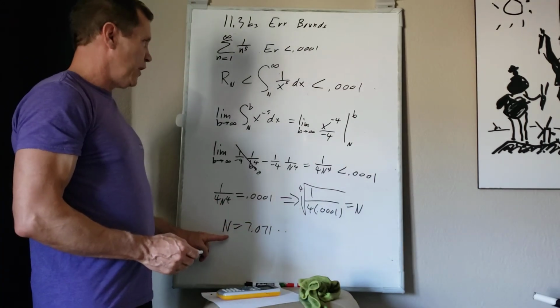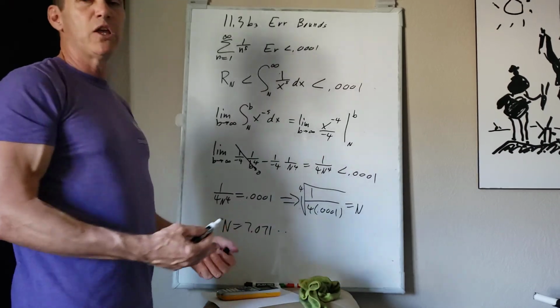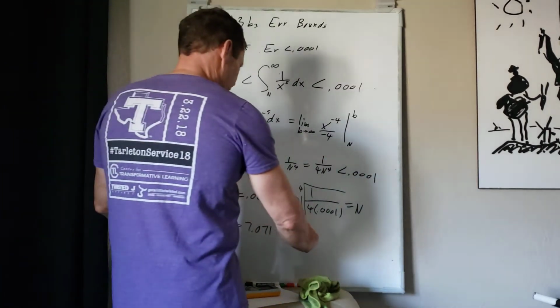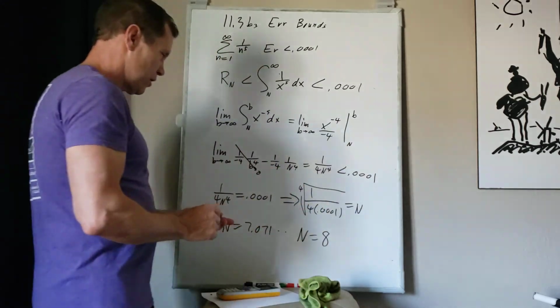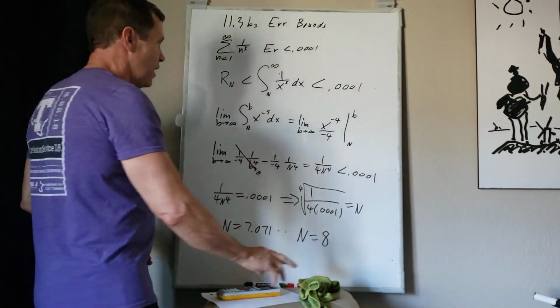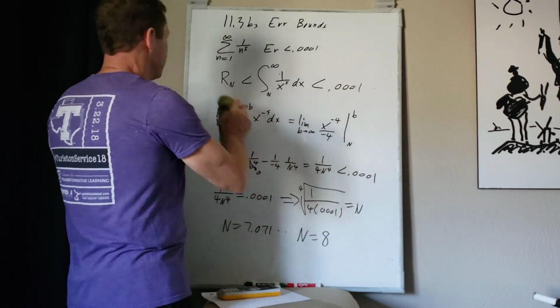Okay, now N's got to be an integer. I've got to stop somewhere. I can't stop at 7 something, but I want it to be better than it has to be. So I'm going to let N equal 8. Okay, so what does that say? To have an error less than that, all I need to do is take 8 terms of this series.